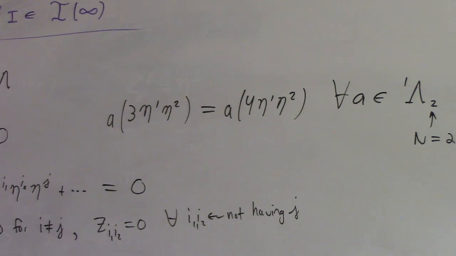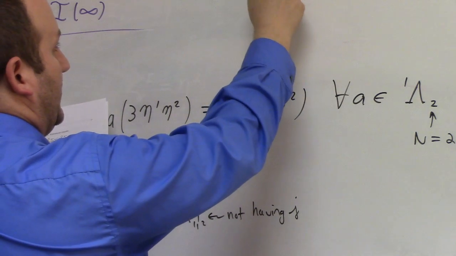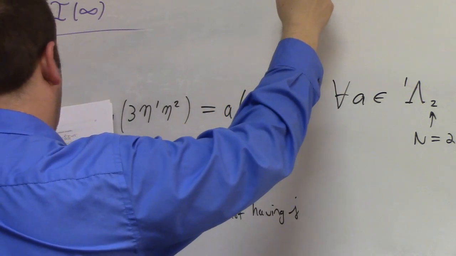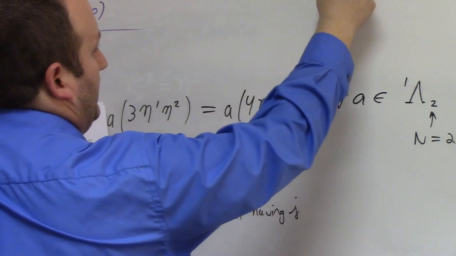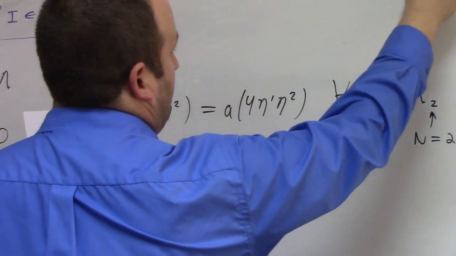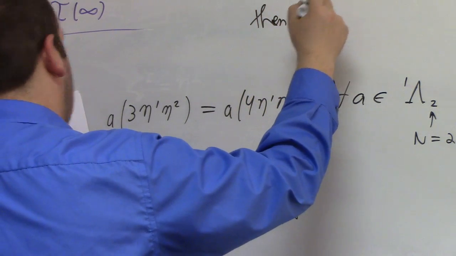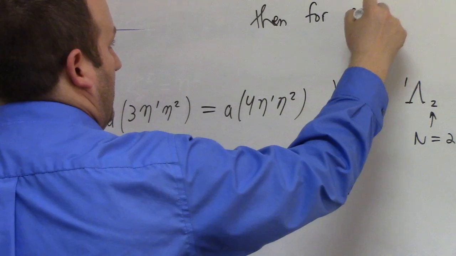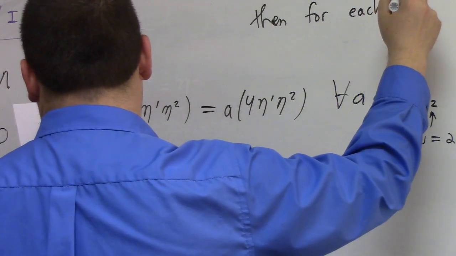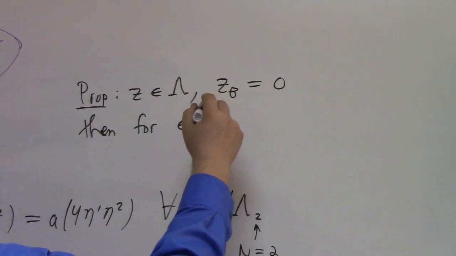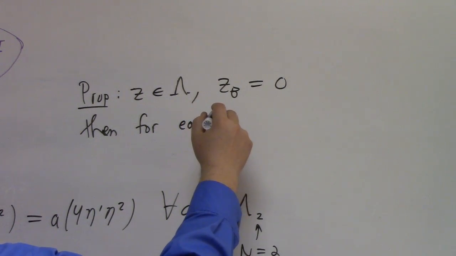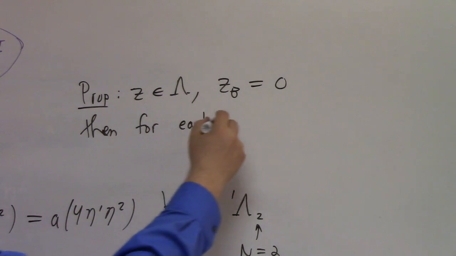This proposition I'm about to write is a technical one, which I will prove, but it's interesting how it gets used. Property: if Z is a supernumber, if the body is 0, then for each, that must be, I think I'm missing a norm here.